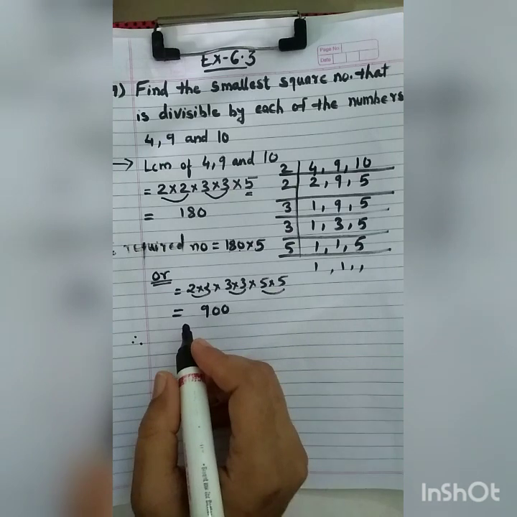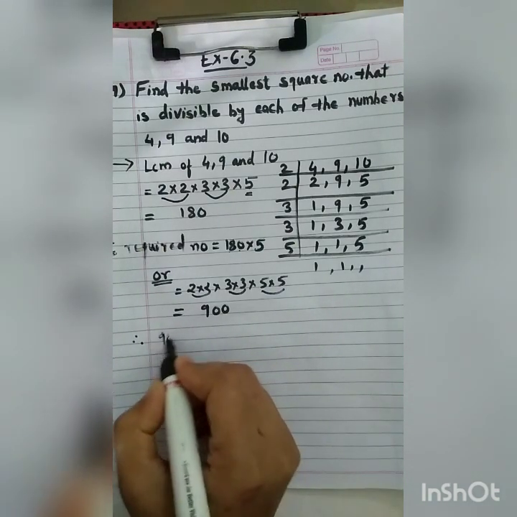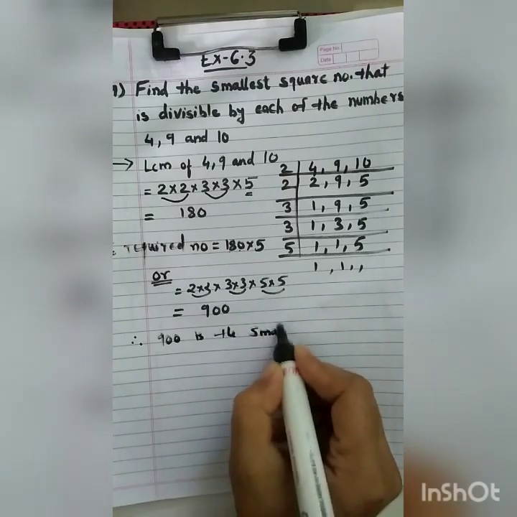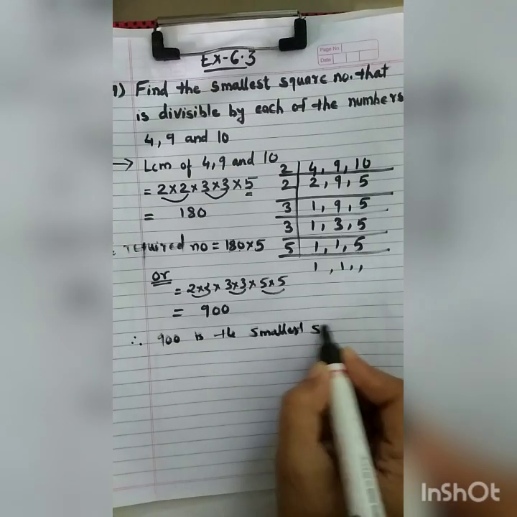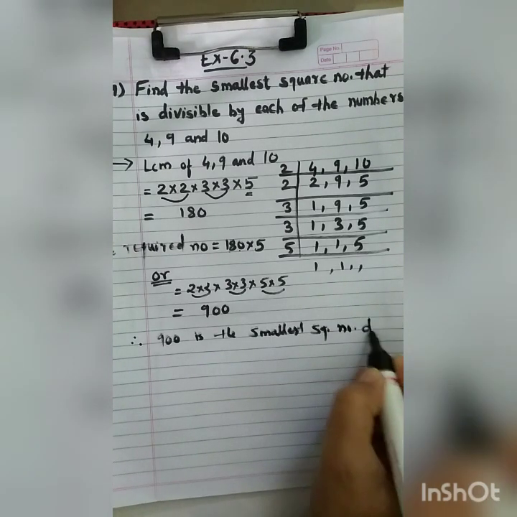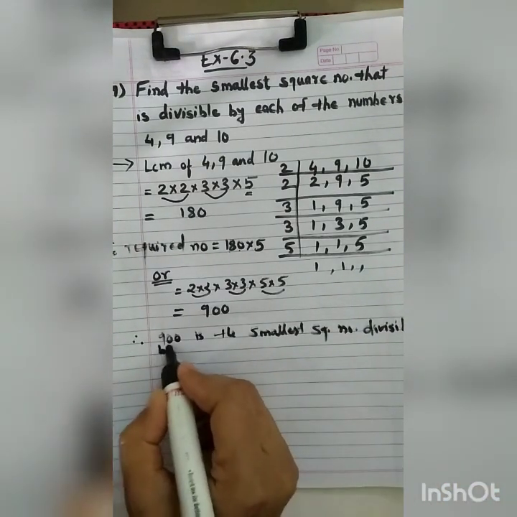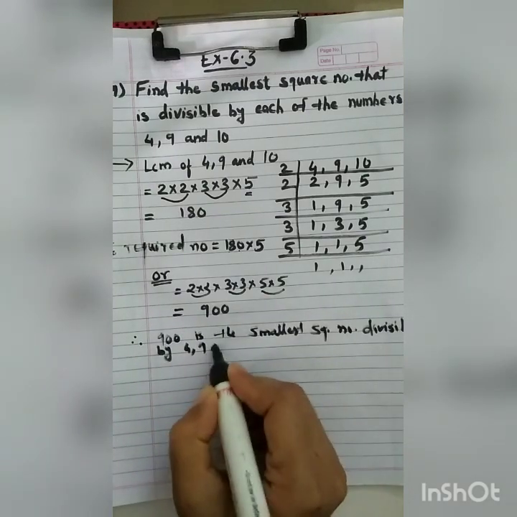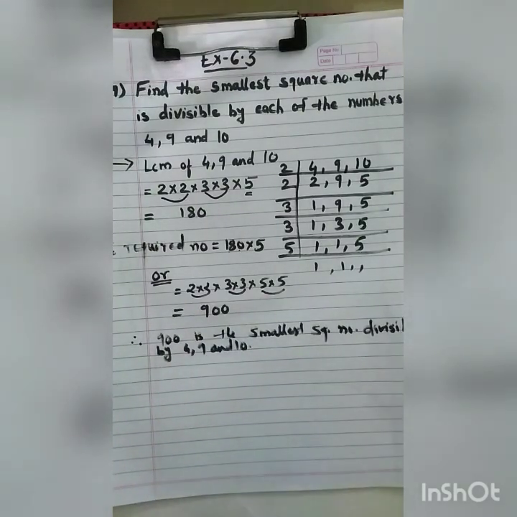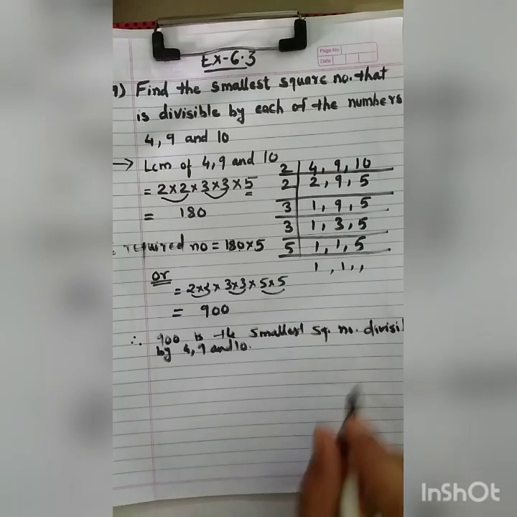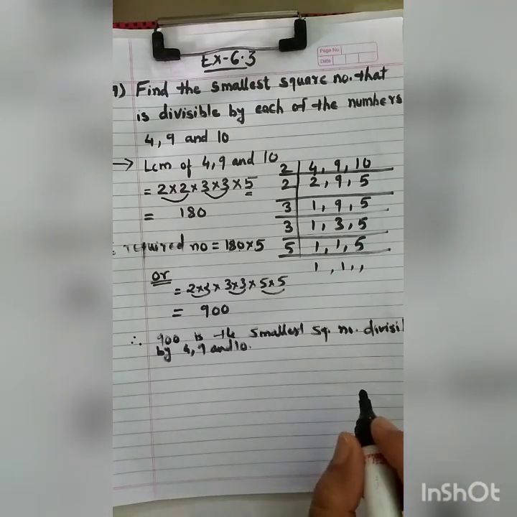That is 900. So in this way we have completed all the different types of sums from your exercise 6.3. You have to solve all the sums of exercise 6.3.